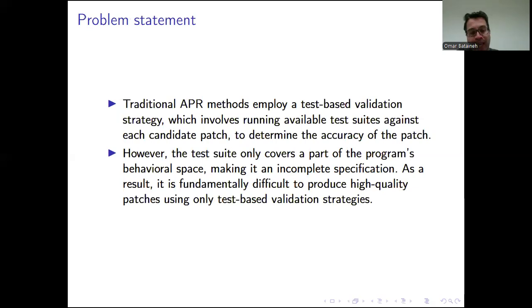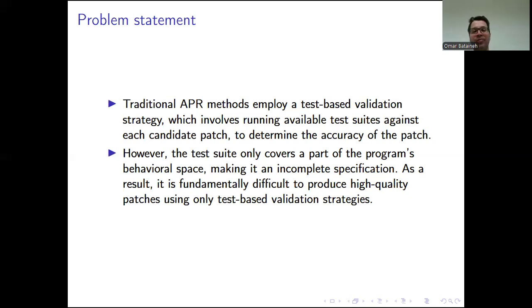So the key problem we address in this paper is patch overfitting in automated program repair. This problem mainly happens because traditional APR tools use test suites or test-based validation strategies.